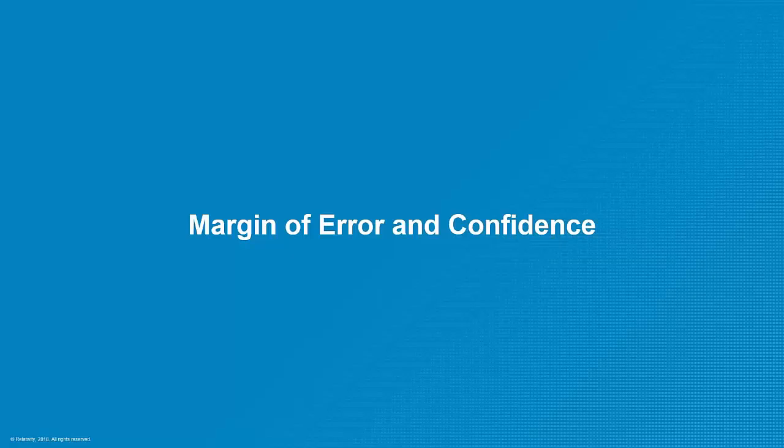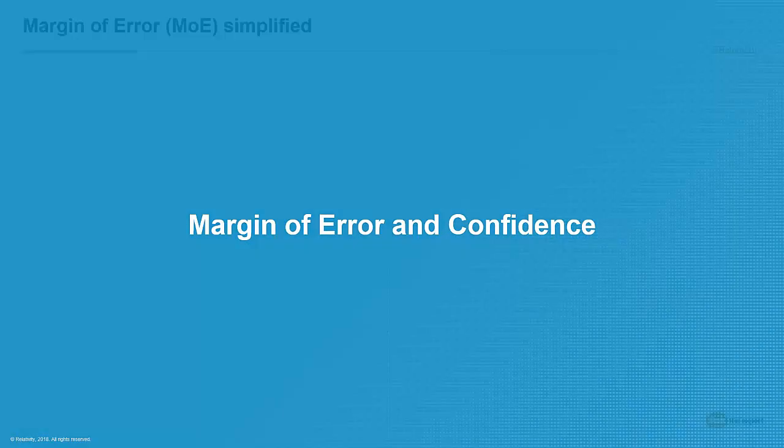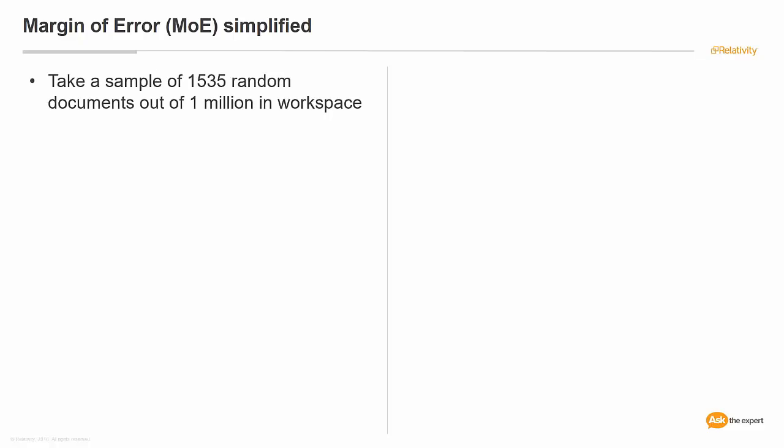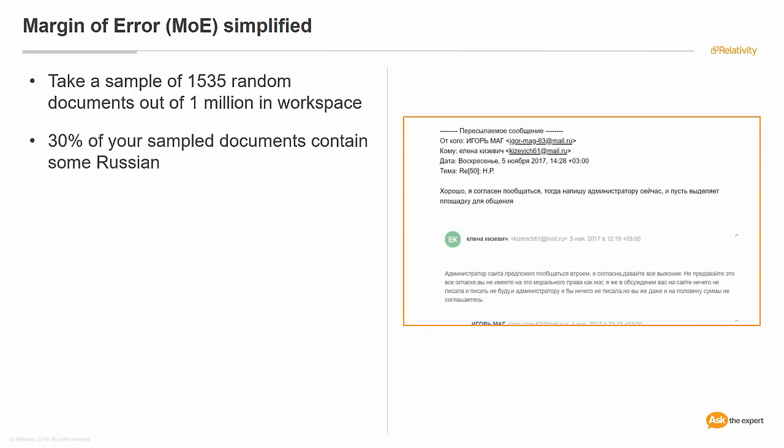So let's talk about margin of error a little bit and try to characterize the error and how that occurs. Consider this situation. I've got 1 million documents in my workspace. I take a random sample of 1,535, and I run language ID on that sample, and I find that 30% of these documents contain some Russian in them, according to language ID.